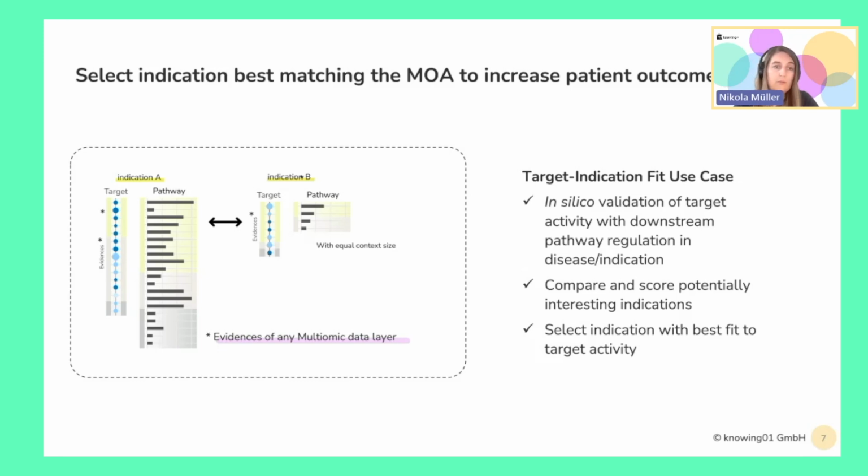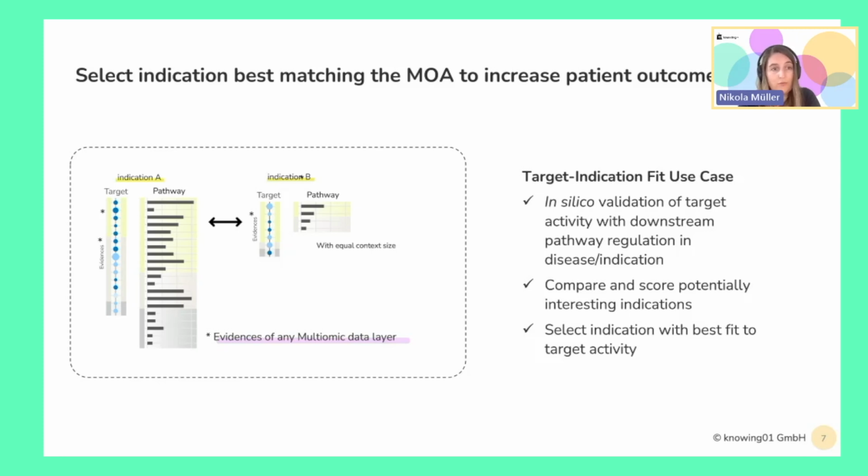So basically, we contextualize the indications step by step, and imagine for every one of these indications we find a similar amount of data space. We can then fish for evidence, prioritize and score: which is the target and pathway match, my mode of action, to an indication?